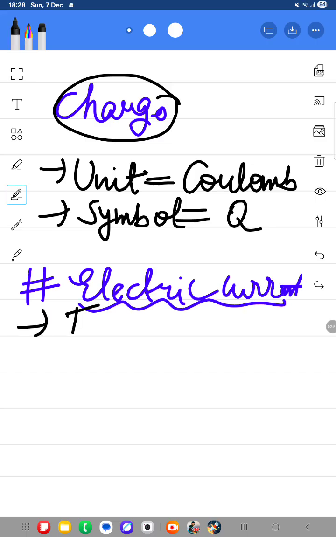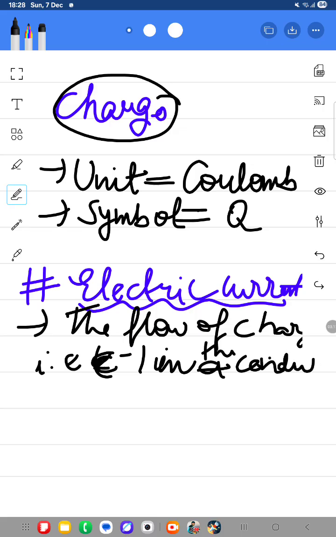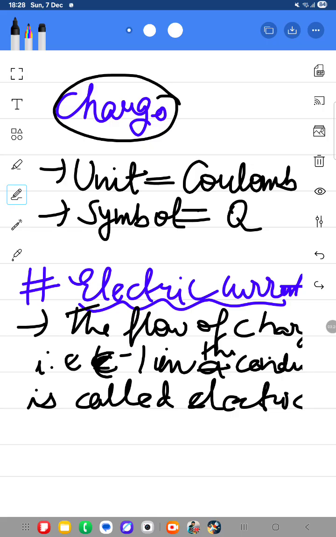Electric current is the flow of charges, that is mainly electrons, through a conductor. The flow of electrons in a conductor is called electric current.